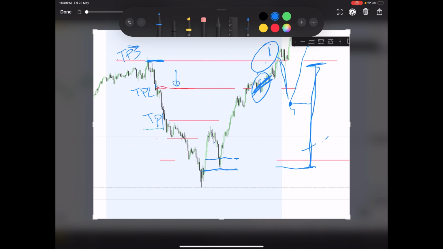Either way, whatever you put your entry, you need to put a very good stop loss. I will put my stop loss at these lows here, depending on my entry as well. If my account sustains that loss and I do not lose all my money, then I can do that. However, you need to be careful that the price could deliver through that order block and almost touch your stop loss.